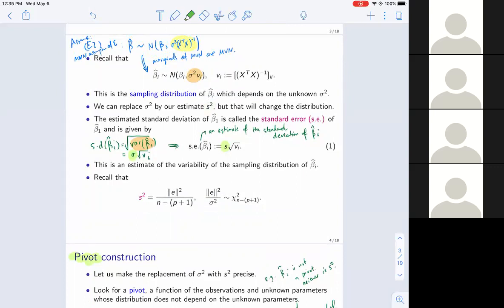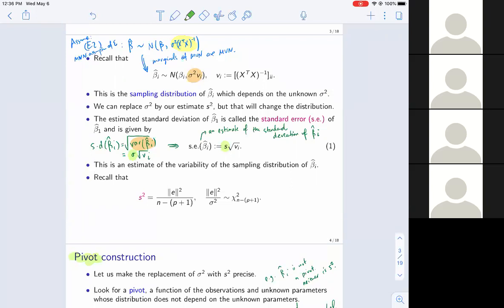If you take the square root of that estimated variance, you get the so-called standard error, which is an estimate of the standard deviation of beta hat. You can do this for all other estimates. You can compute the standard deviation of mu hat i, replace sigma with s, and get the standard error of mu hat i.